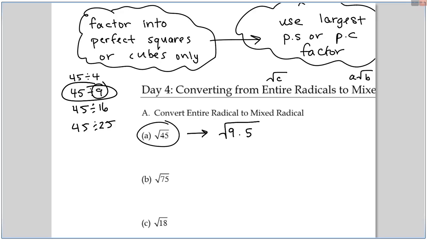So what can we do with the square root of 9? We can make it 3. So what you do here is you split the 9 and the 5. Remember last day we smushed them together? Well, now we're splitting them because we're going the opposite direction. And then root 9 is perfect. It goes with 3. Root 5 is not perfect, so we leave it.